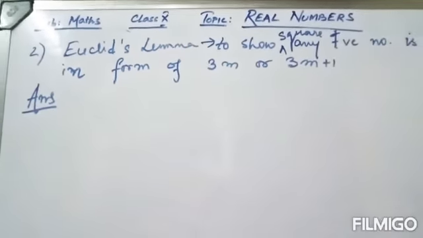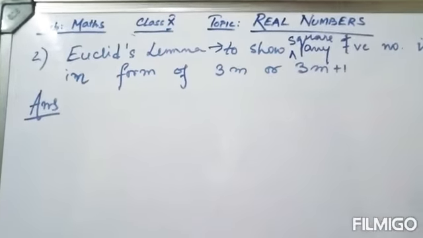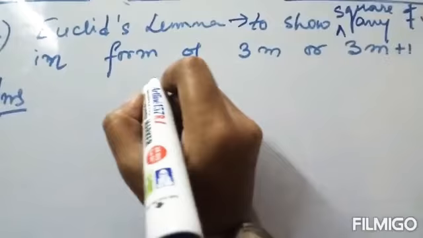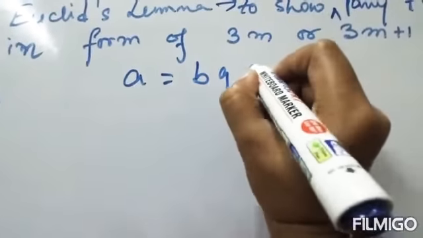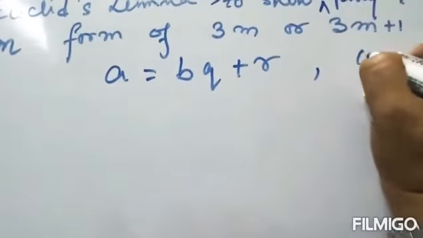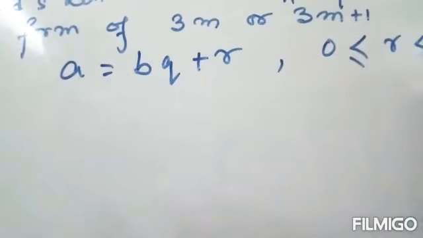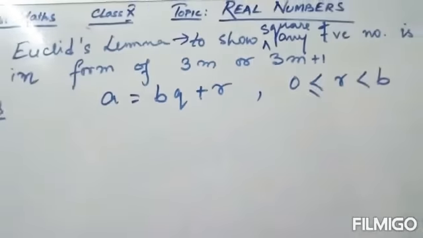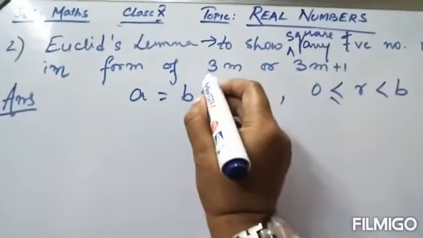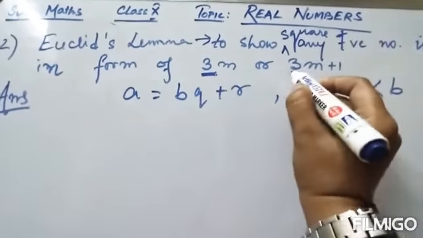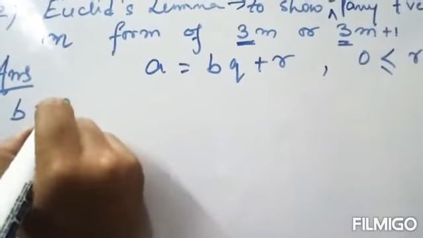Now from this, by Euclid's lemma, we know A is equal to BQ plus R, where R is greater than or equal to 0 and less than B, right? Now here we have 3, so the value of B is 3.